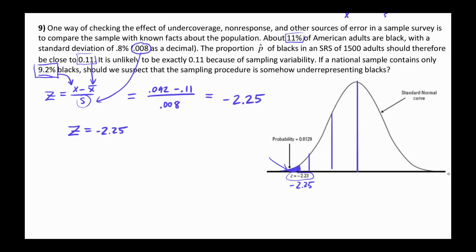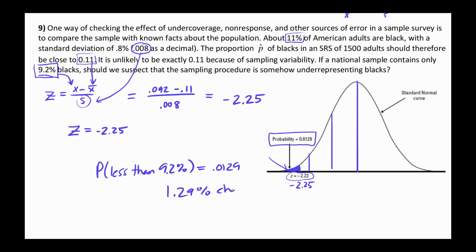It doesn't look like there's very high odds. In fact, the probability, they say, is 0.0129. So the probability of less than 9.2% is equal to 0.0129. That's a 1.29% chance that any given simple random sample of 1,500 adults will have less than 9.2% blacks.